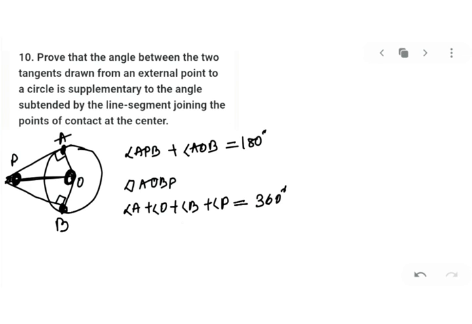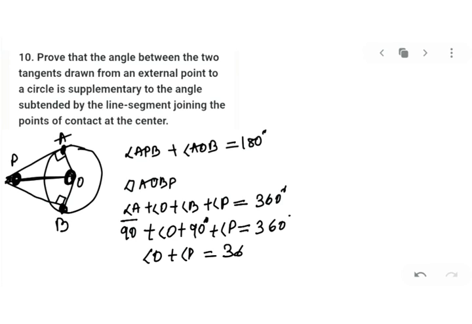Out of that you have angle A as 90. You please write the full name. I am not writing the full name. And B also has 90. So in that case, I will get angle O plus angle P is equal to 360 minus 180, that is 180. Is that clear?